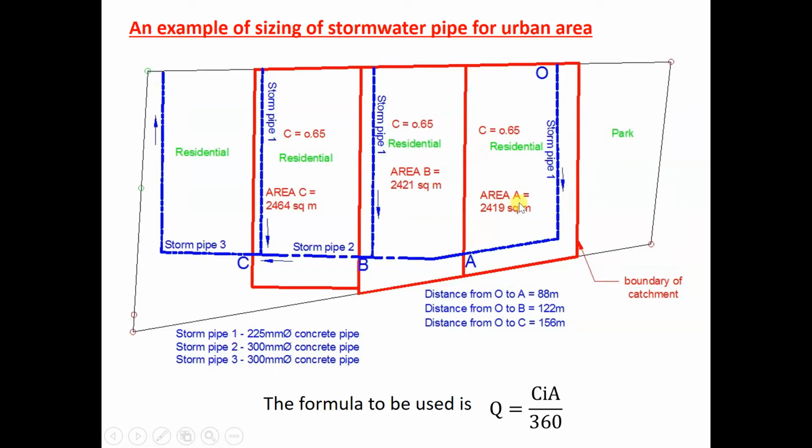Okay, so the areas are given: 2419 square meter, 2421 square meter, 2464 square meter. And C here is 0.65, 0.65, 0.65. The distances are given: O to A is 88, O to B is 1822, O to C is 156.